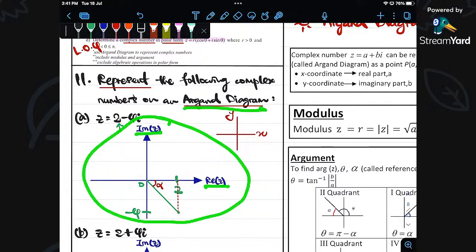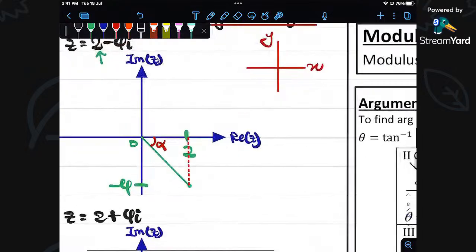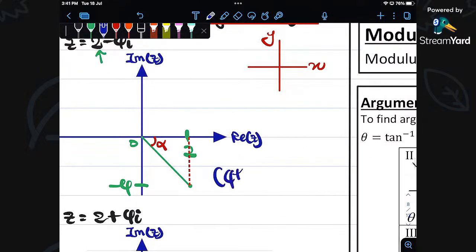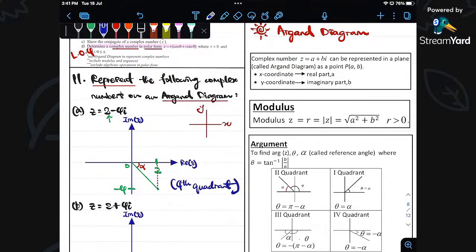Itulah Argand diagram. Dan kita panggil ini, dia terletak pada 4th quadrant. This is very new thing for you all and I need you to focus lah. Listen very carefully. Benda ni sangat penting dalam exam.